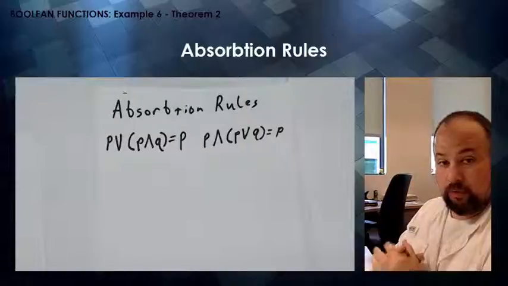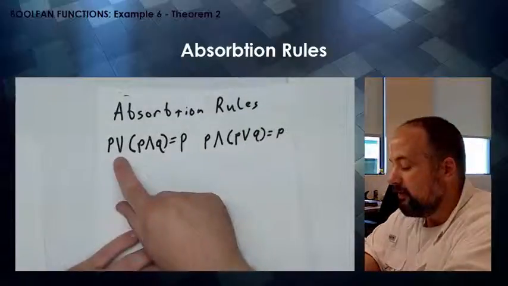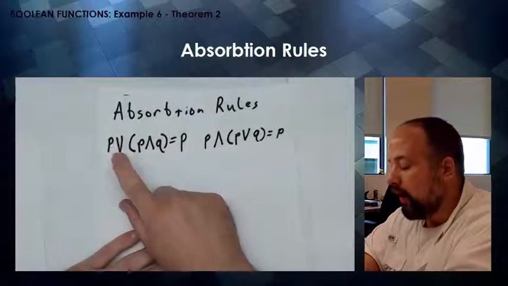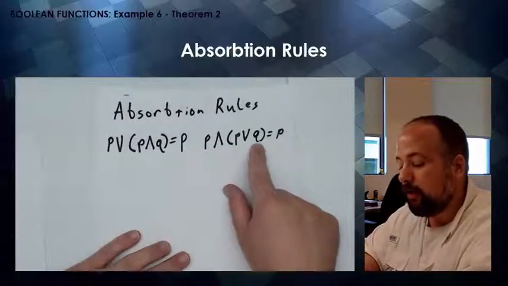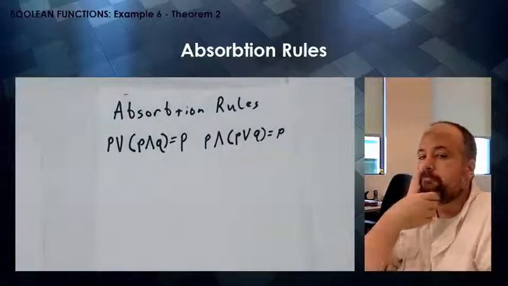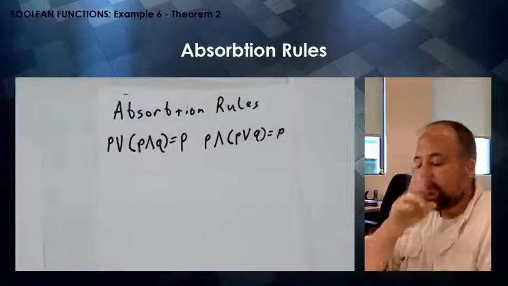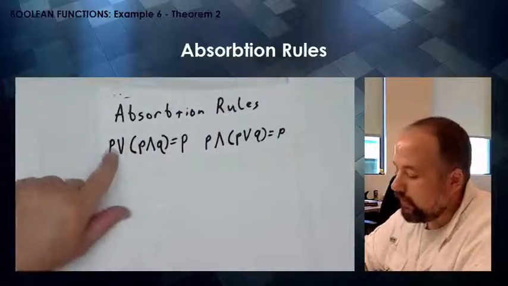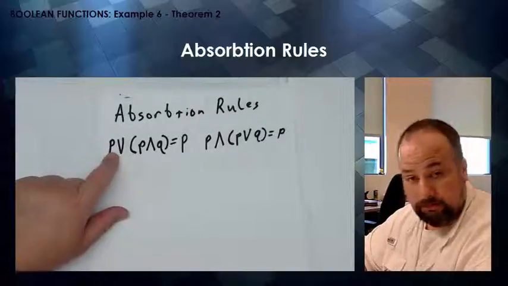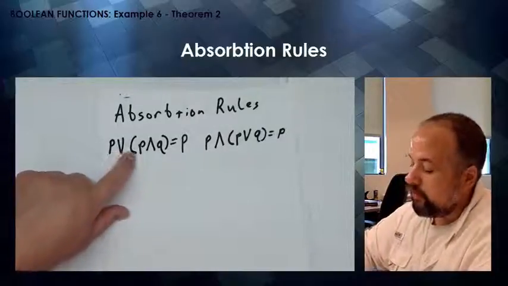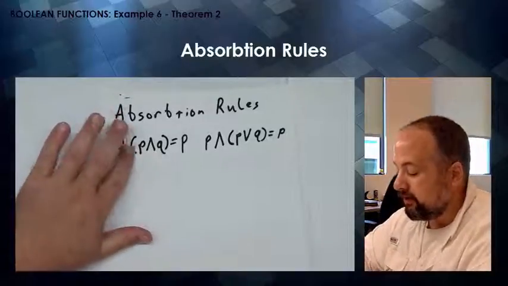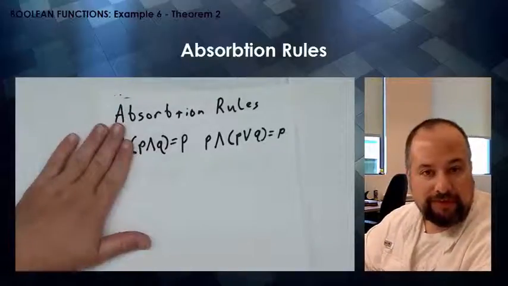The absorption rules, right? It says that P or (P and Q) is P. P and (P or Q) is P. Let's think about this. Suppose P is 0, right? If this is 0, then that means the or 0 has no effect, right?